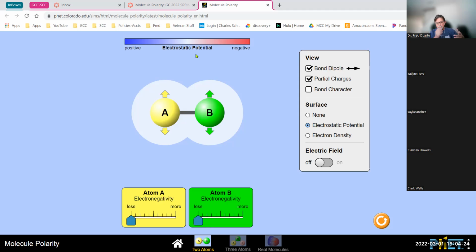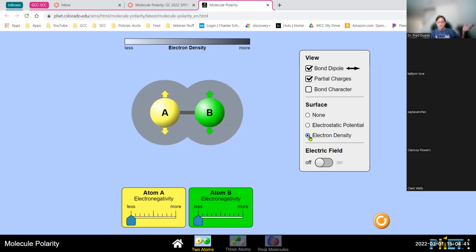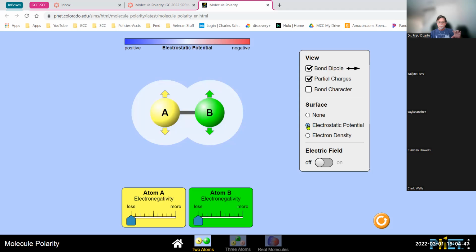As you progress, it's a gradient, so you go from a light red to a dark red, and the same is true for the blue. Let's begin with partial charges on, electrostatic potential on. You can do electron density, but that's like a grayscale picture, which is a little tougher to see. I prefer the electrostatic potential, and I see the color here.